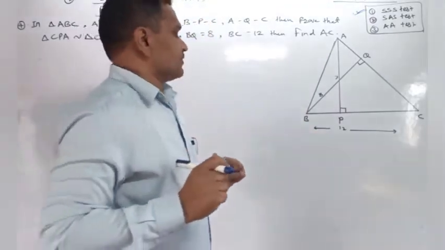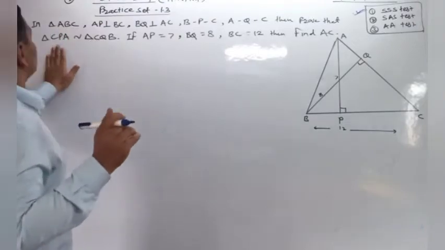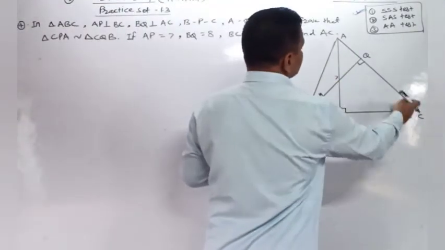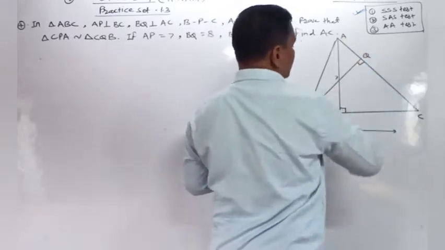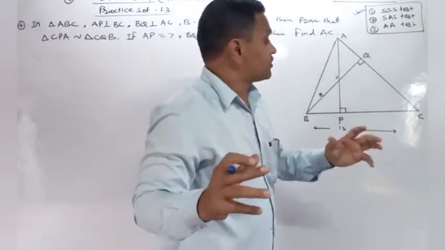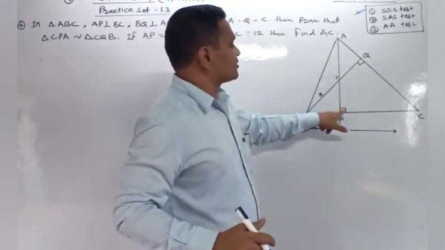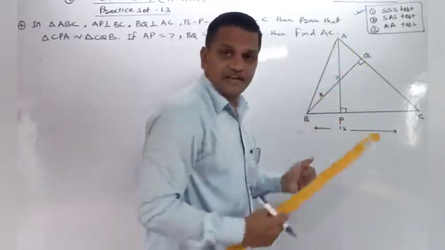Understand? Now, these two triangles we must show similar: triangle CPA and triangle CQB. In triangle CPA and triangle CQB, which information is in the figure? Angle P is equal to angle Q. Why? Each is 90 degrees.